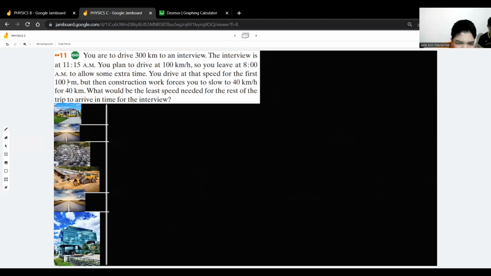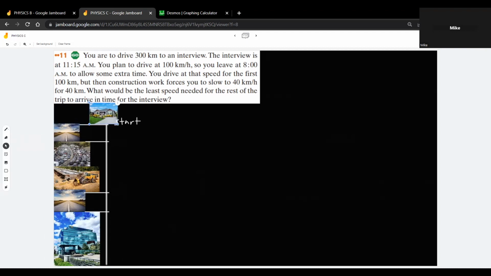Ito po. So you are to drive 300 kilometers to an interview. You plan to drive at 100 kilometers per hour. Okay. Teka. Kopyahin ko lang yung question sa aking notepad para ma-set up ko rin. So number 11. Tapos kuha akong papel.